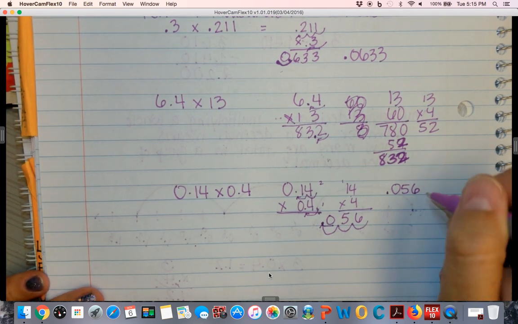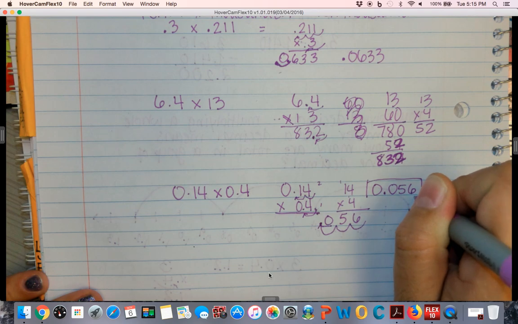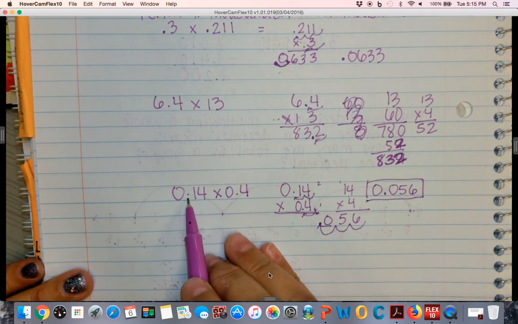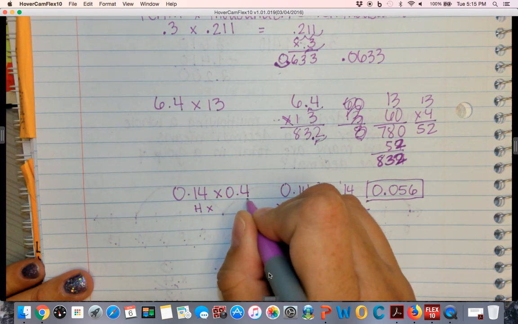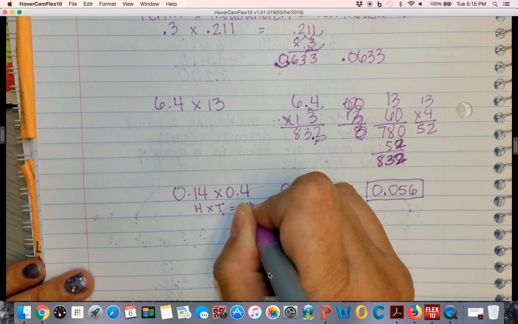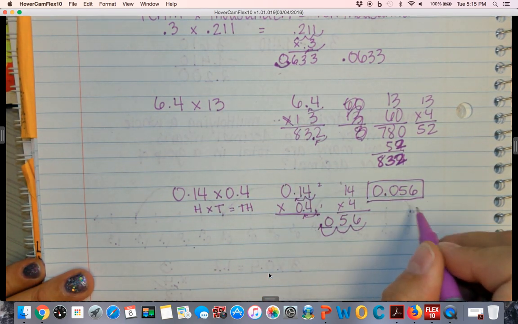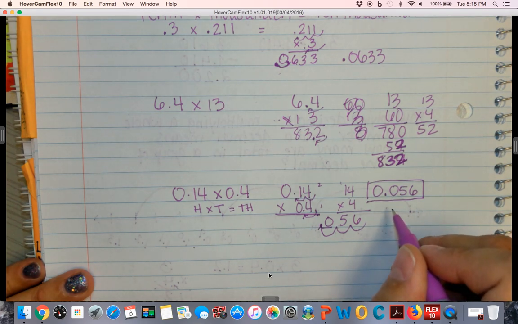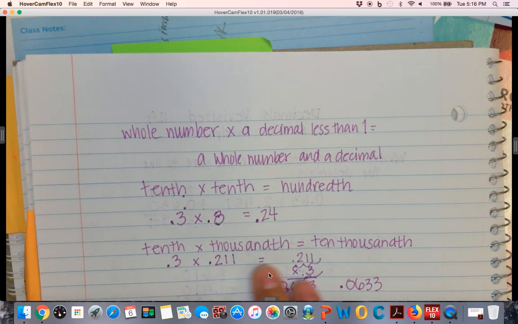I can even put a 0 here if I wanted to. We know our answer is correct because I have a 100th times a 10th, which gives me a 1,000th. And here's my 1,000th. And I know my answer makes sense because of what we talked about up here.